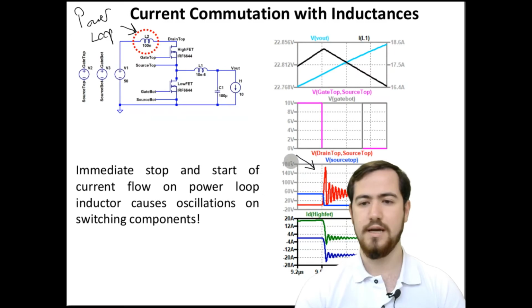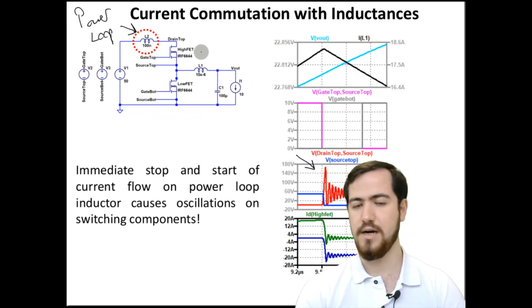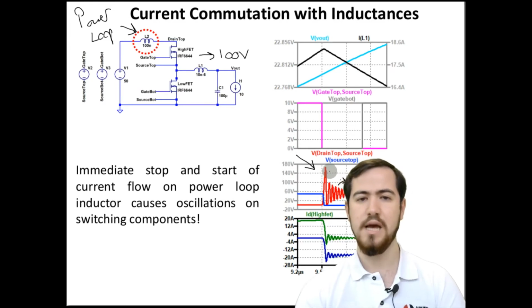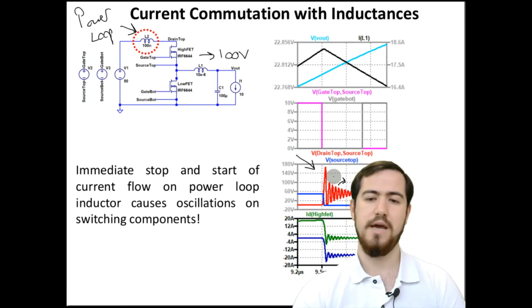Because these MOSFETs are rated to 100 volts maximum, and the voltage now goes beyond 140 volts, we need to reduce this peak value. Moreover, we need to overcome these oscillations in order to inhibit any EMI problems. We need to take some action.